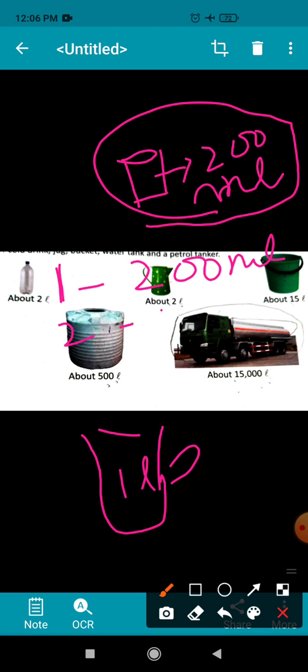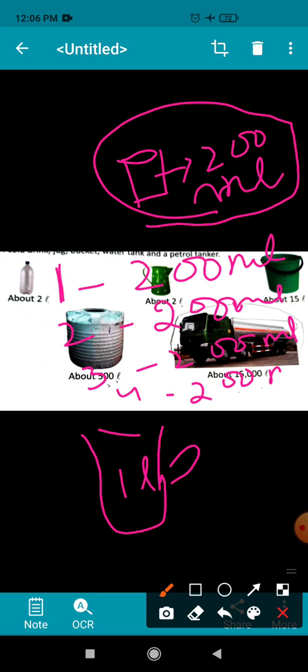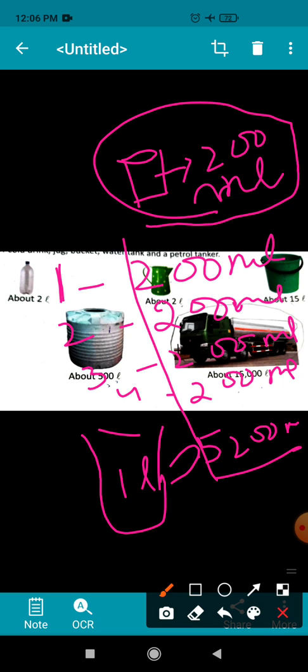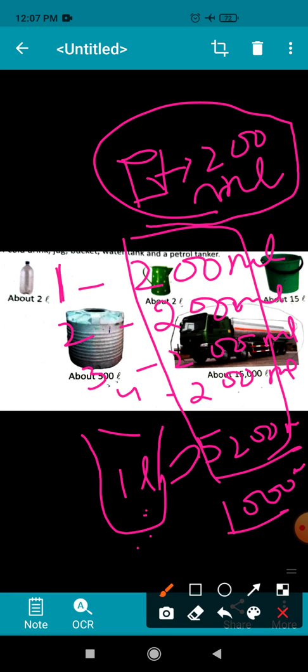Second time 200 more. Third time 200 more. Fourth time 200 more. And fifth time 200 more. So when you add this, it comes to 1000 ml. It means you are pouring 5 glasses of water in this jug to make it 1 liter of water. Okay, 1 liter has 1000 ml of water.